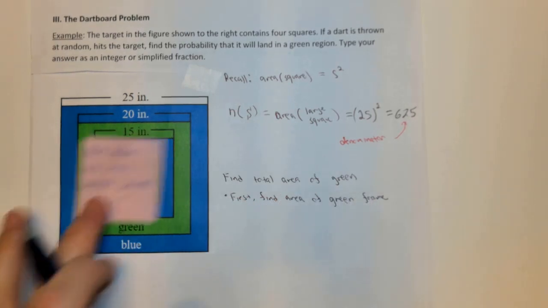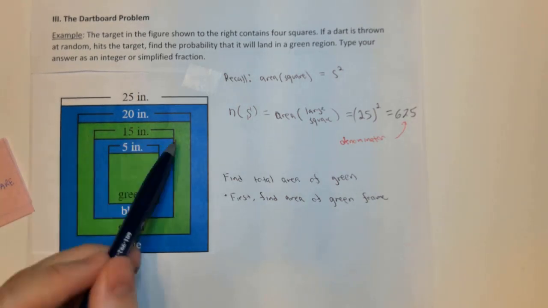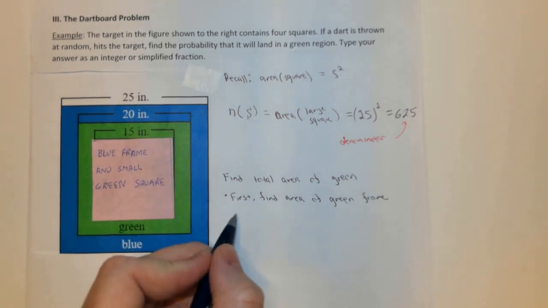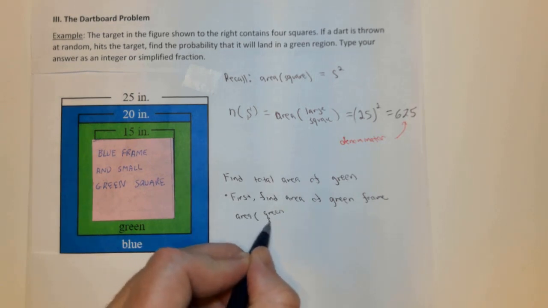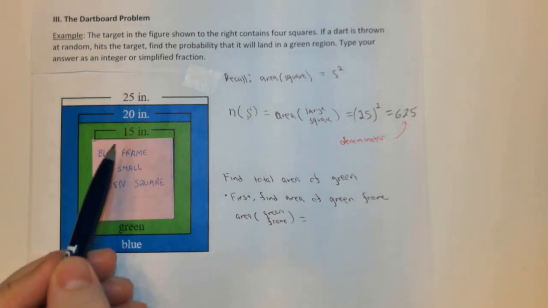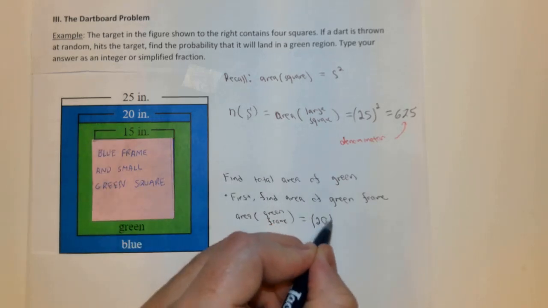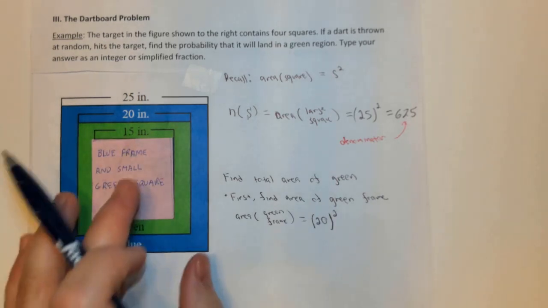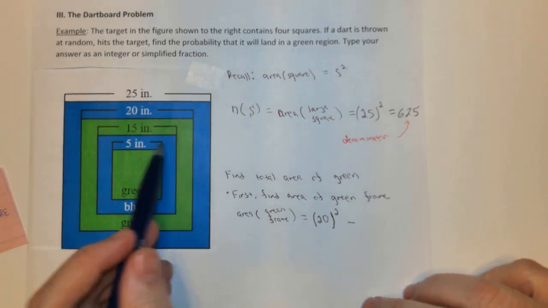Now notice the green frame here is a square, and it removes this blue square, and then that as well. So in order to find the area of the green frame, I'm going to take that green square, which is 20 squared, and I have to subtract off the blue square.